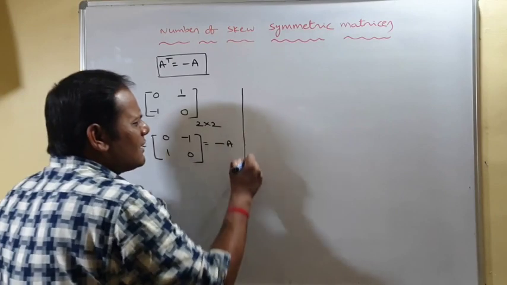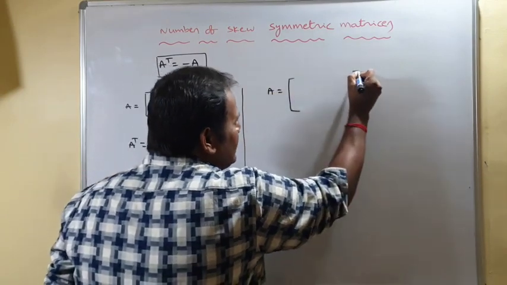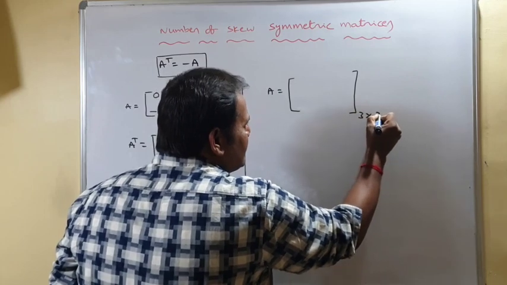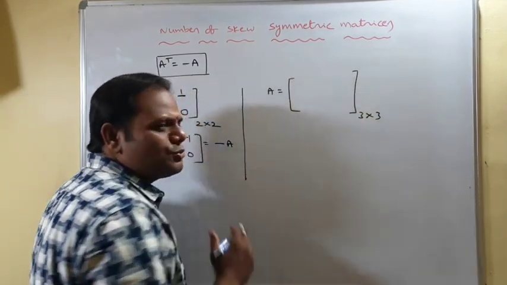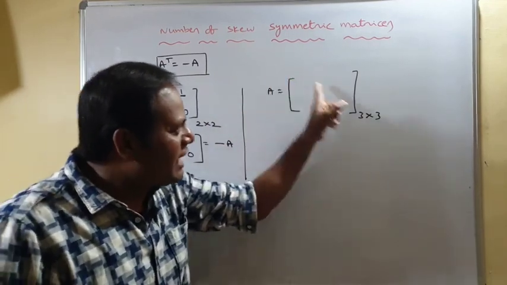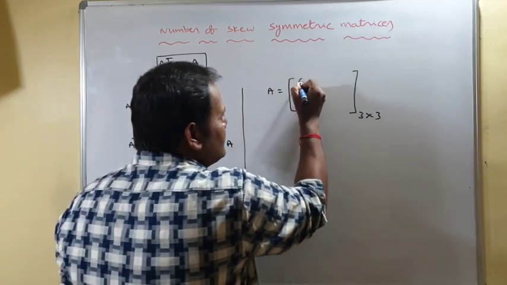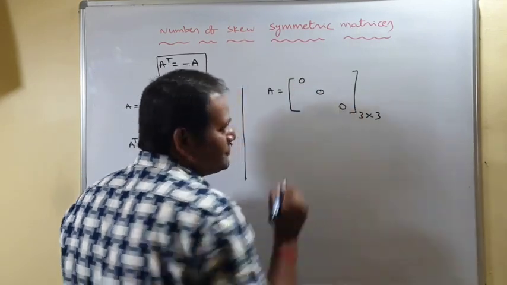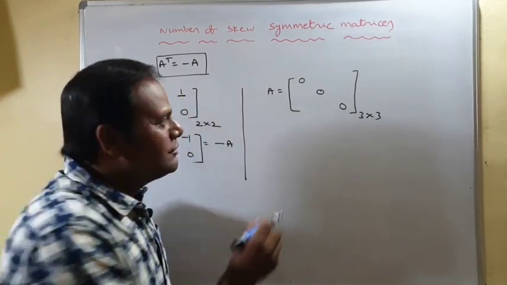Listen carefully. Now I am taking one example for skew symmetric of order 3 cross 3. Anyhow, the first point, the diagonal must have zeros. So this is 0, this is 0, this is 0. See what I am doing.